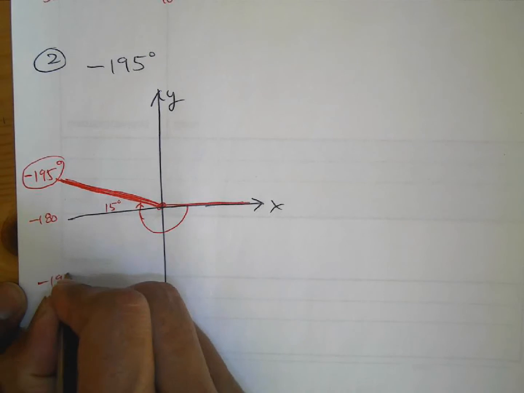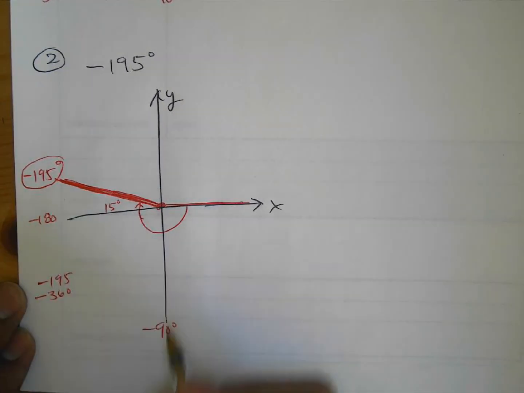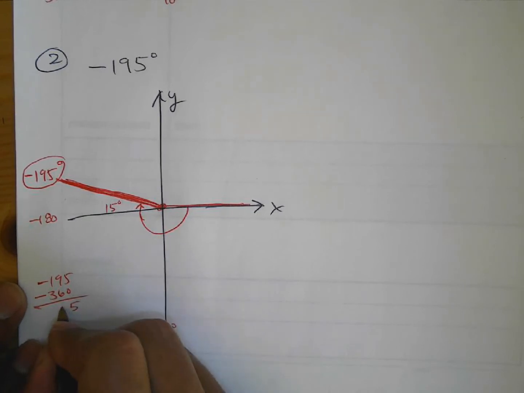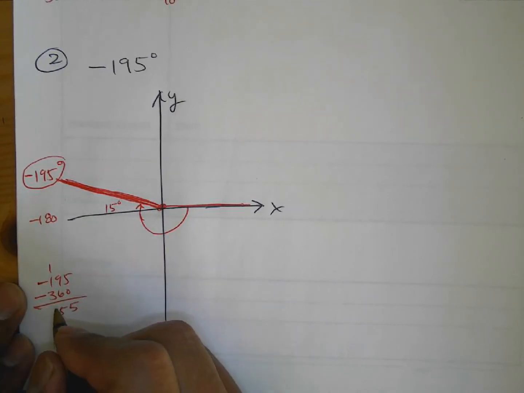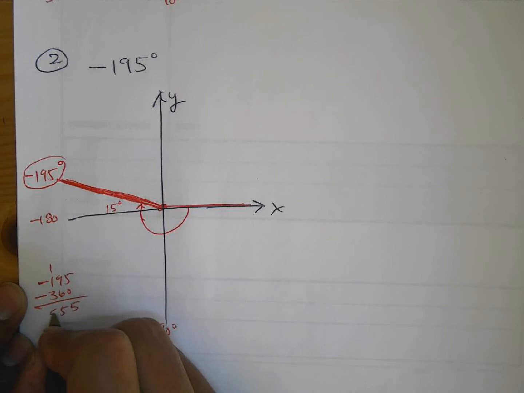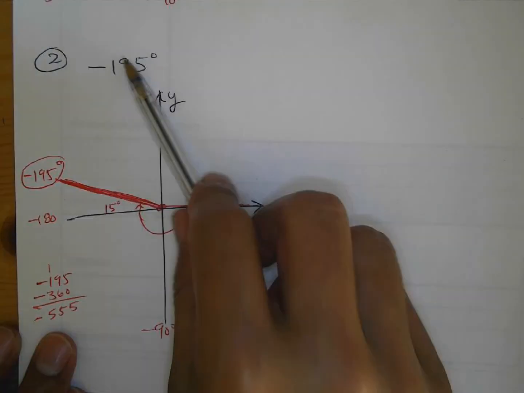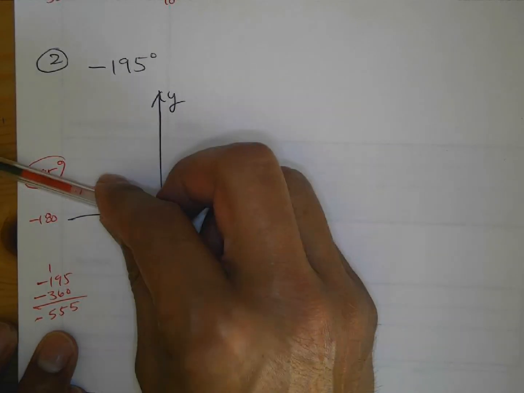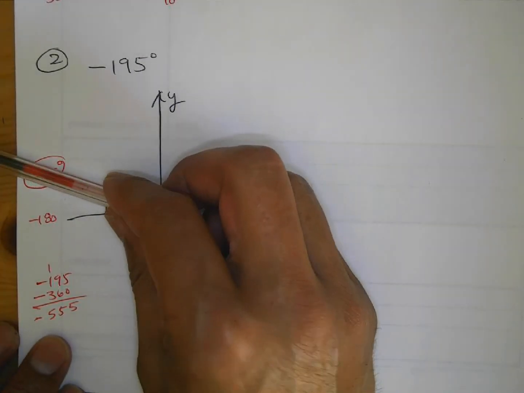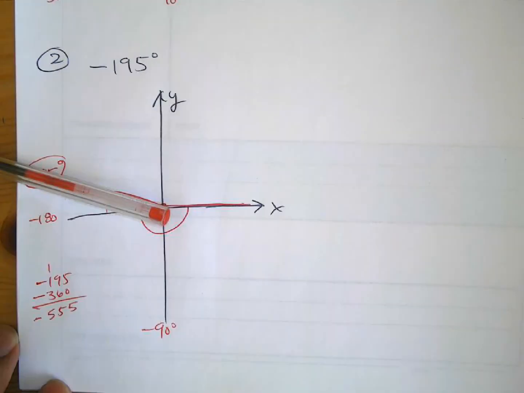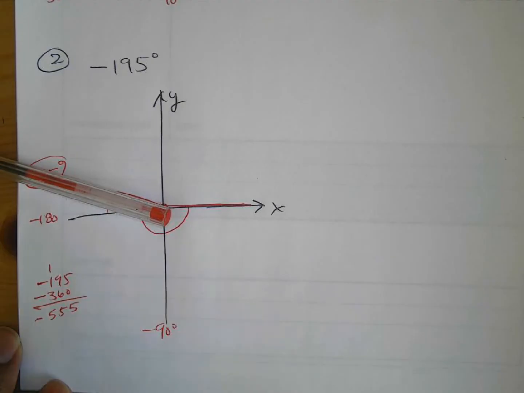So a negative 195 and another negative 360 is going to give you what? 555? Actually, negative 555. Right, so if I already have a negative angle, to get to the other negative angle that is coterminal, you just add another 360 because it takes you another rotation around and back to the same place.